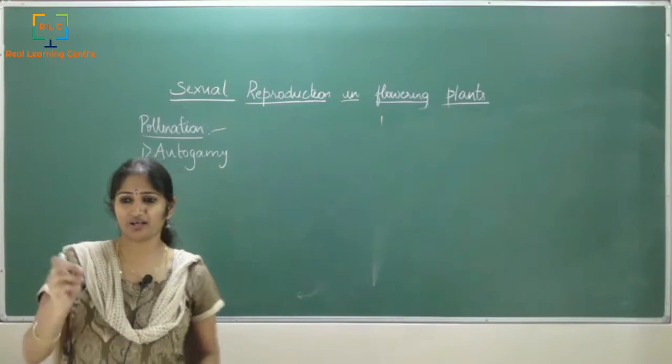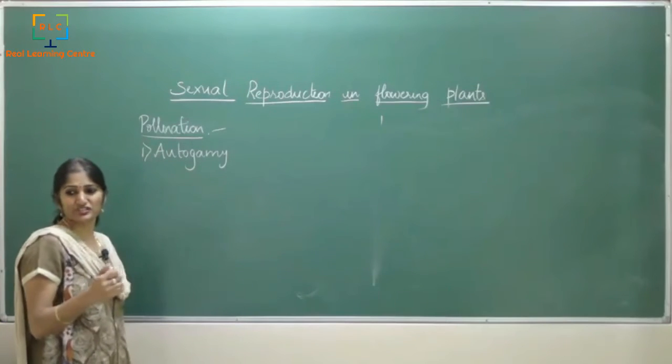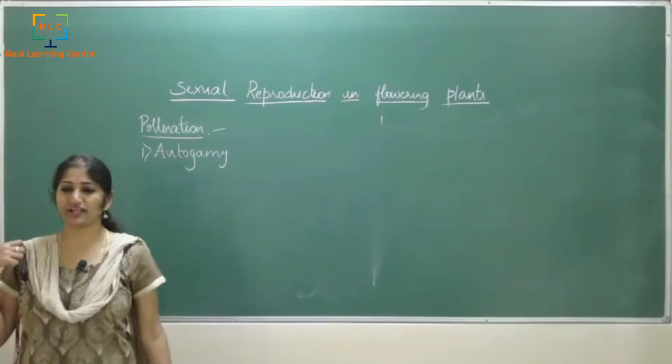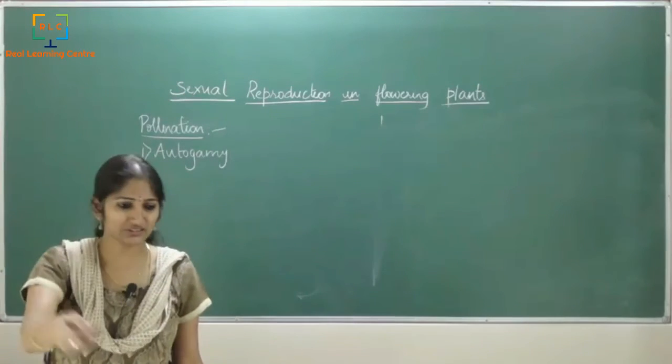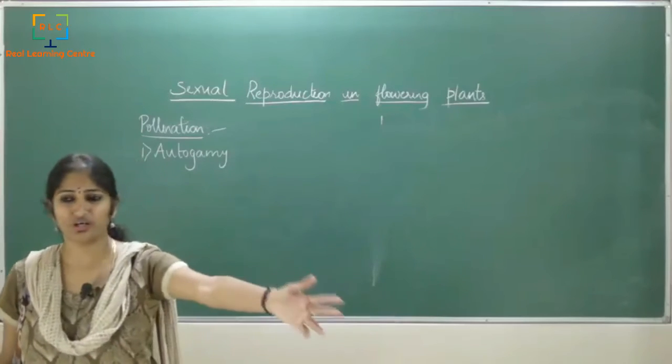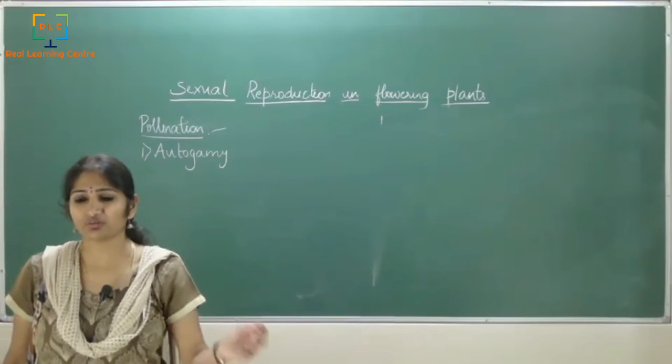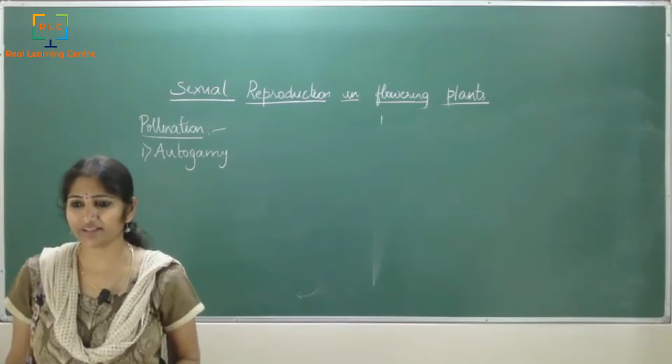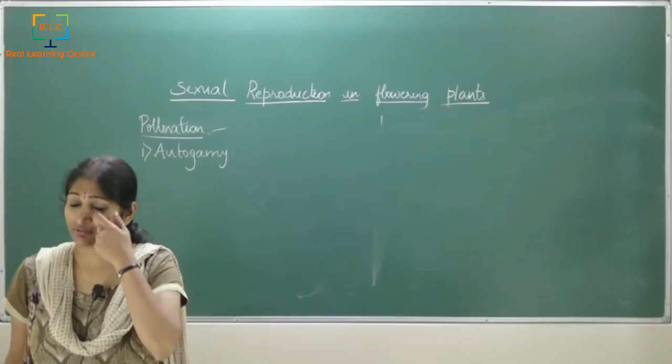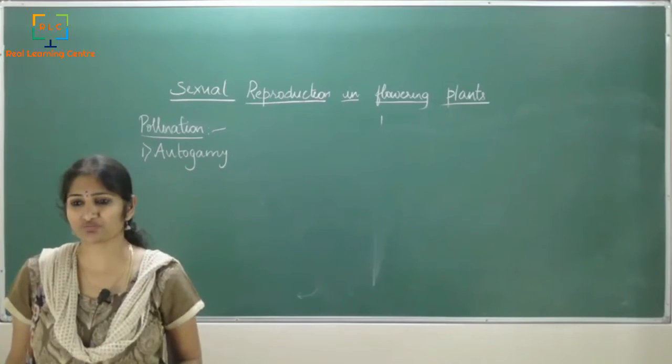Okay, I'm sure you would have seen flowers like oxalis. Oxalis is that plant which grows in our houses. Now this oxalis or commelina, you see that they produce two types of flowers.